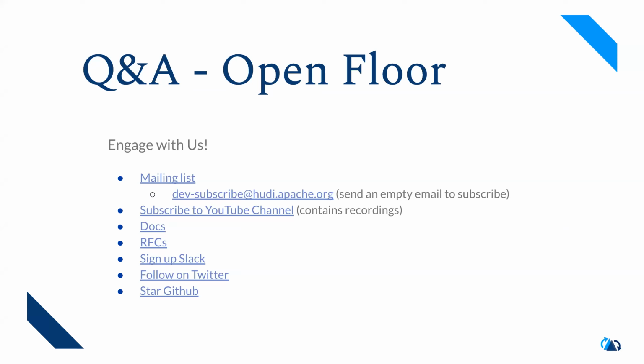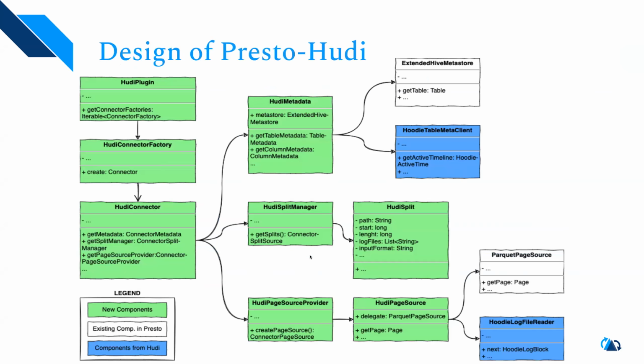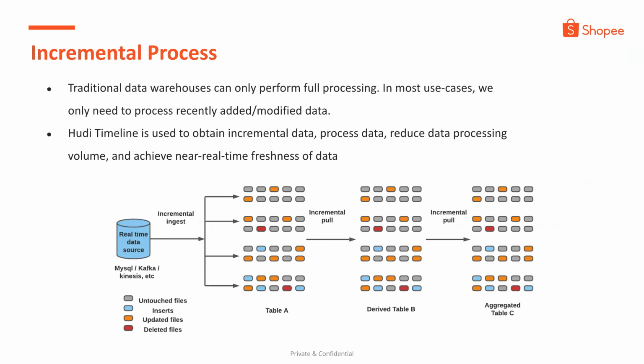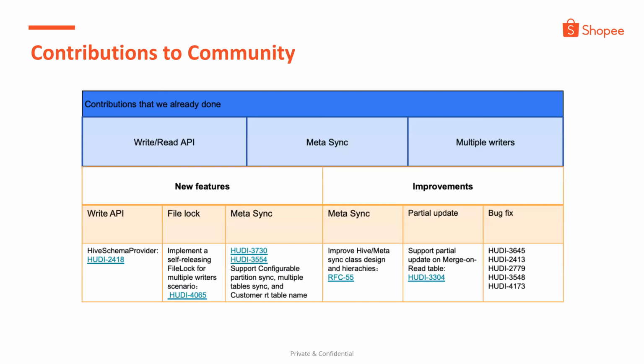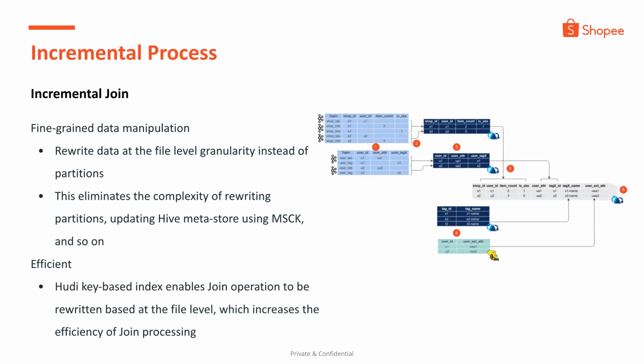I guess I may have a question, maybe for the Shopee speaker, if he's still here. With regards to the partial update implementation for merge on read, if you could briefly summarize how that works. Do you essentially need to merge any log files for incremental and then merge into the table?